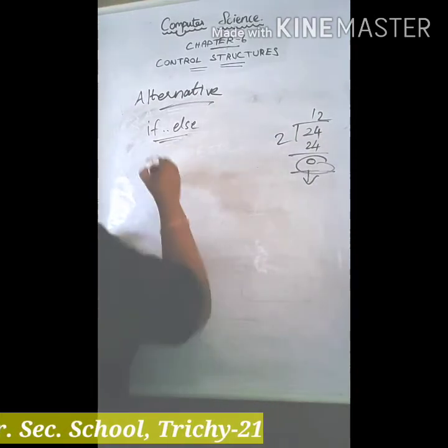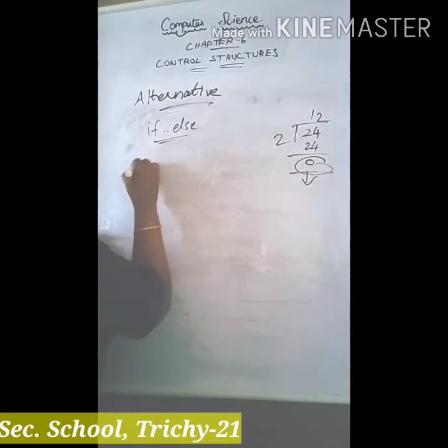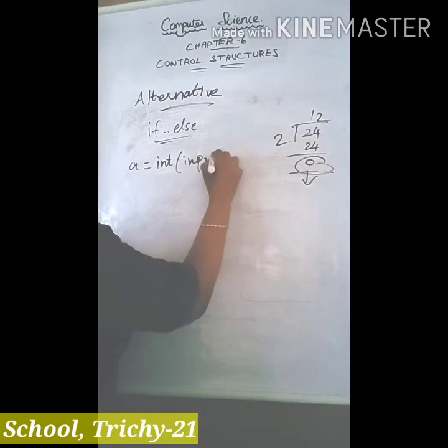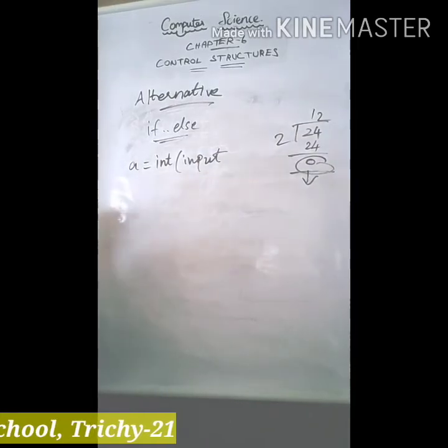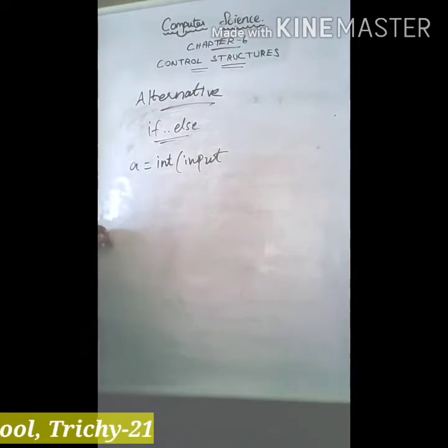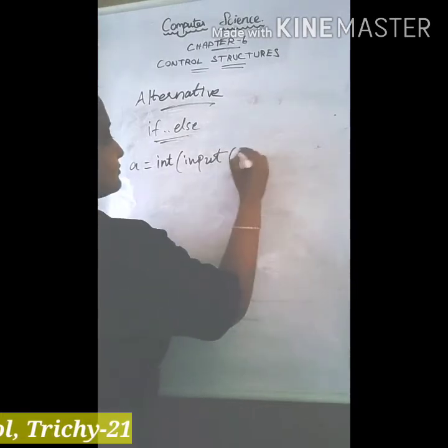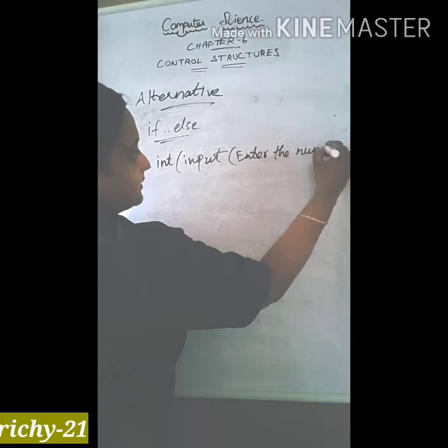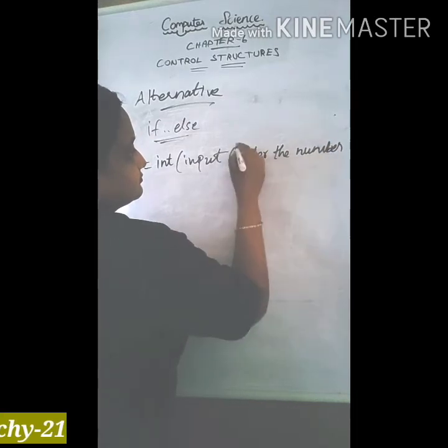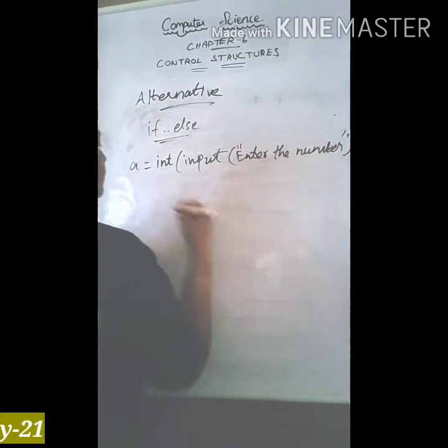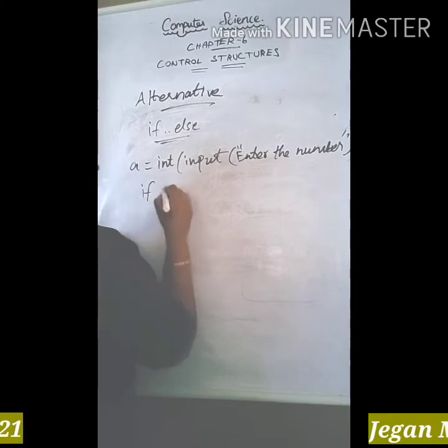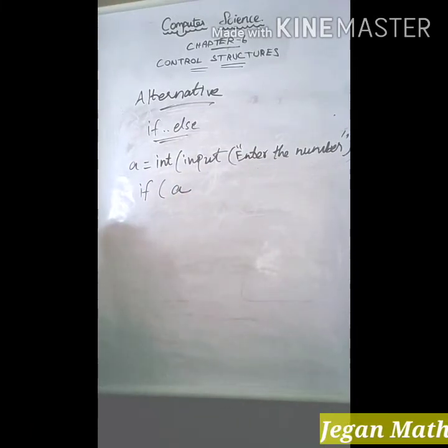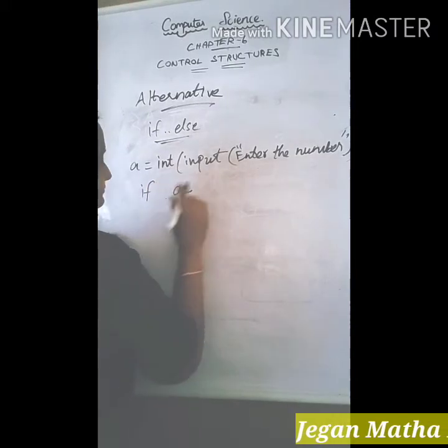Now I am going to give only one variable, that is a, an int. Input: enter the number. Now the condition: if a divided by, using the modulus operator.